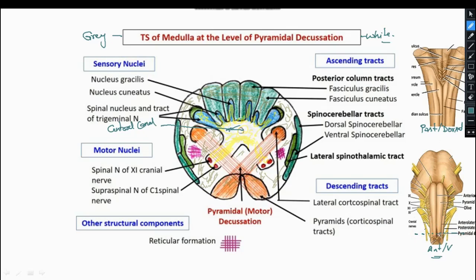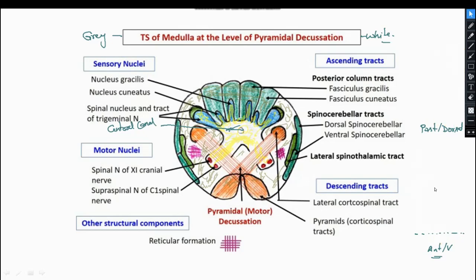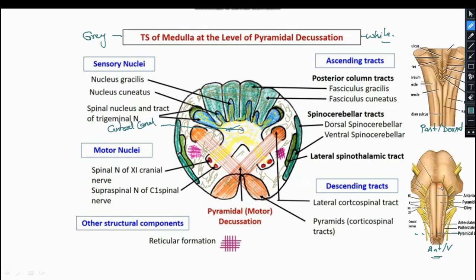Now we will see and correlate these structures. Now see this structure that we have seen, this anterior median sulcus or anterior median fissure. So this we see here.